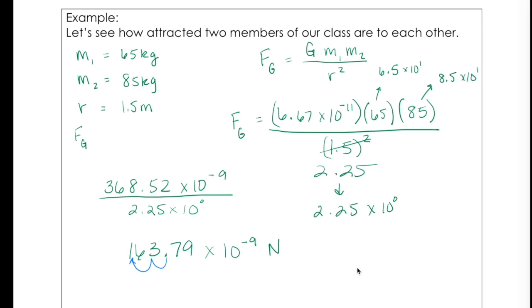So my new number is going to be 1.64, I'm going to round, times 10 to the negative 7th newtons.